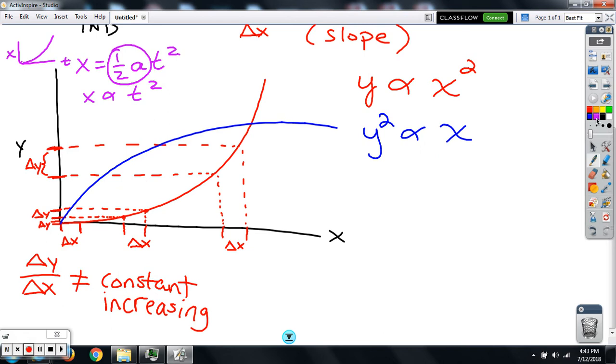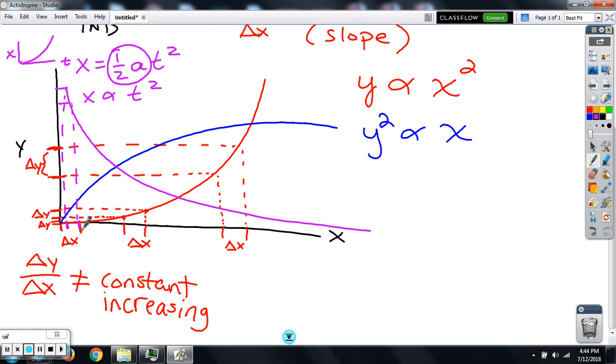And then the last relationship that you're expected to know is the hyperbola, and here it's not a straight line, so it doesn't have a slope, but the ratio that a delta y decreases by is the same amount that a delta x would increase by.